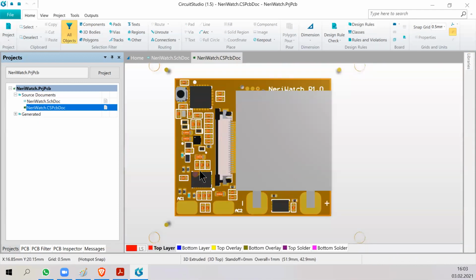Visually, here's also the wireless charging chip, a converter for the e-ink display, the e-ink itself, and a microcontroller with a button.